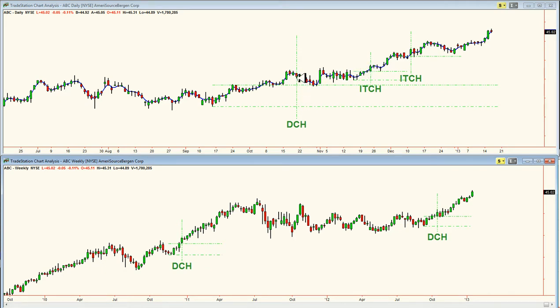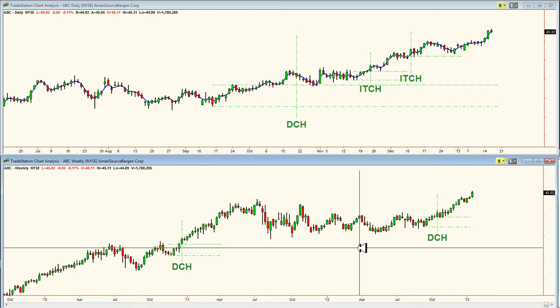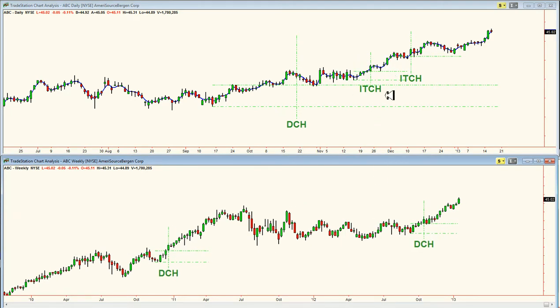So a DCH fires, there is consolidation in this example on the daily chart, and then a continuation on this daily chart to match the trend on the weekly. What we're looking for again is for agreement in these charts. So a bullish continuation on the daily here is agreeing with the continuation on the weekly chart. Let's take a look at ABC.